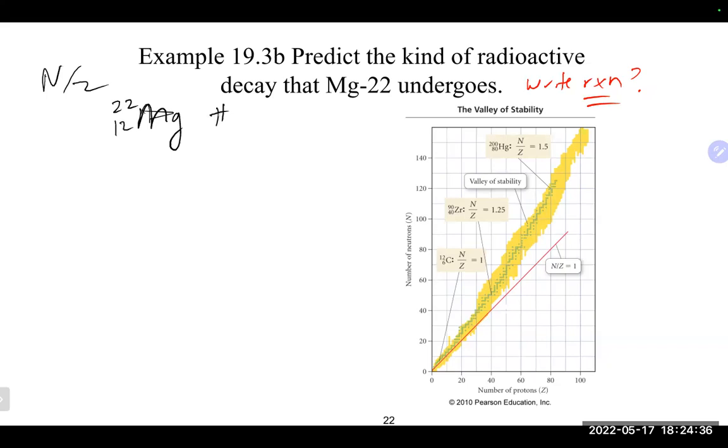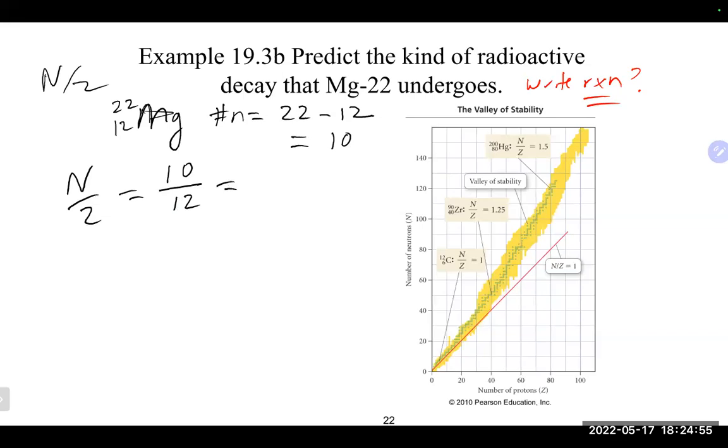The number of neutrons would be found by taking the mass number minus the atomic number, and that is going to give us a grand total of 10. Obviously, the atomic number is the number of protons, so our N to Z ratio here would be 10 divided by 12.